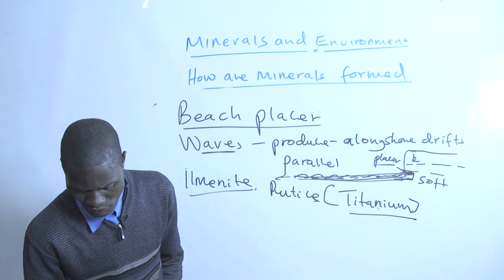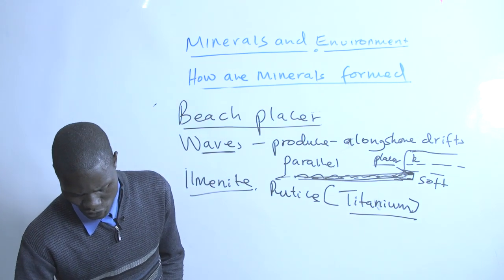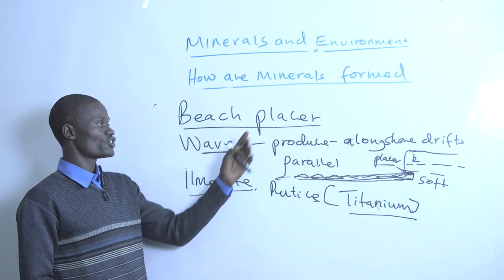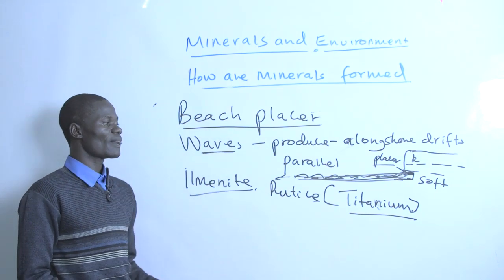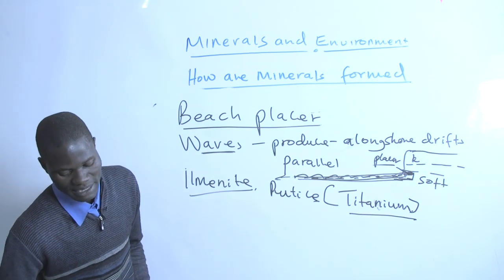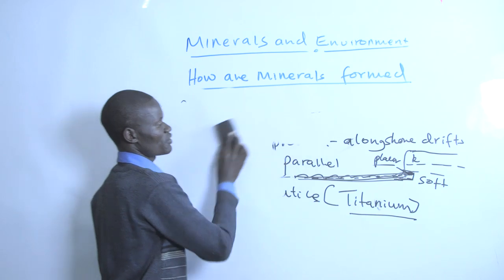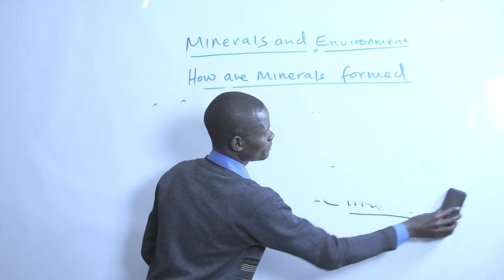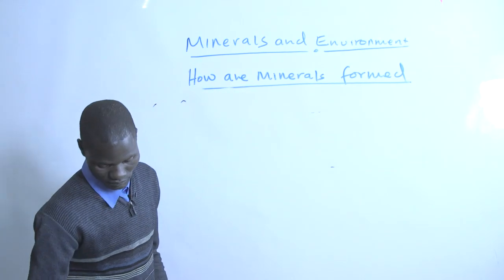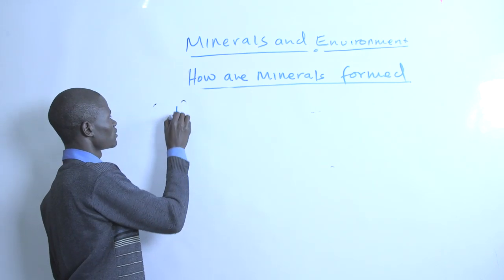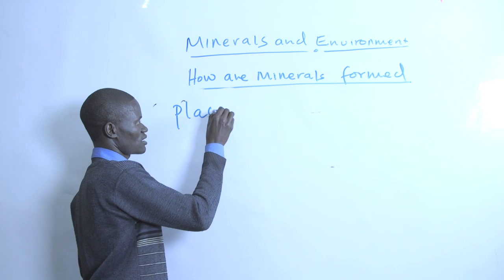And lastly, we will have to look at the placer. We have looked at the beach placer. Lastly, we will be looking at the placer deposits. This involves liberating minerals.